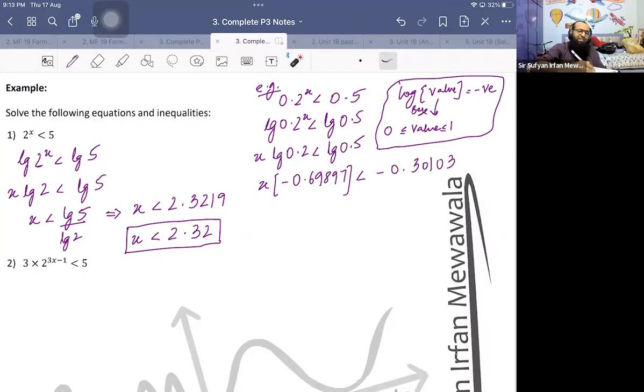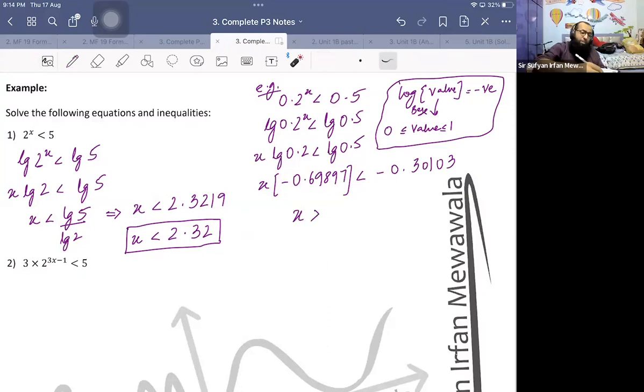Now we know that there is negativity involved with x. Now that we have seen the negativity, we know that if we are going to remove the negative signs and multiply the entire inequality by the negative sign, the inequality sign will get reversed. Now everyone will say that yes, sir, now it's perfectly fine to reverse the inequality sign.